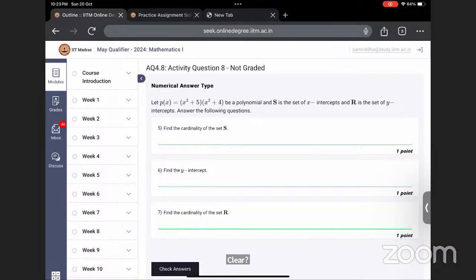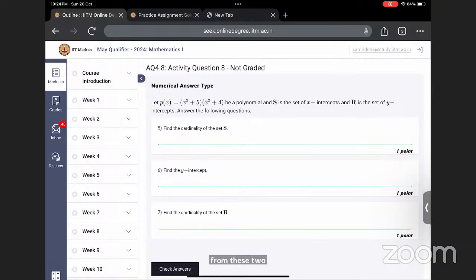Then the x-intercepts will be 4? No, see, here we have a plus sign, x squared plus 4 and plus 5. Is it possible to find any real root from these two factors?